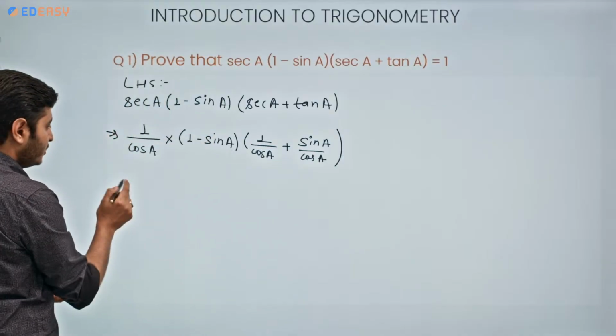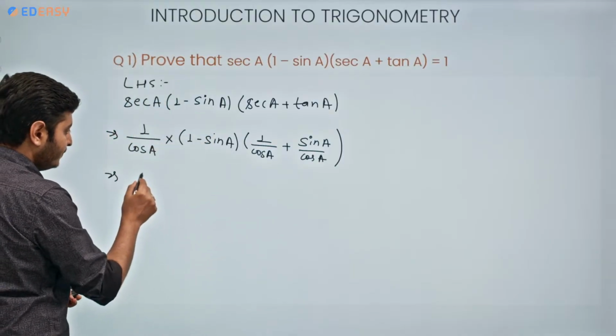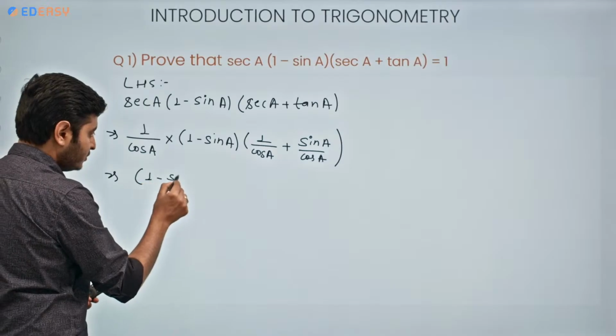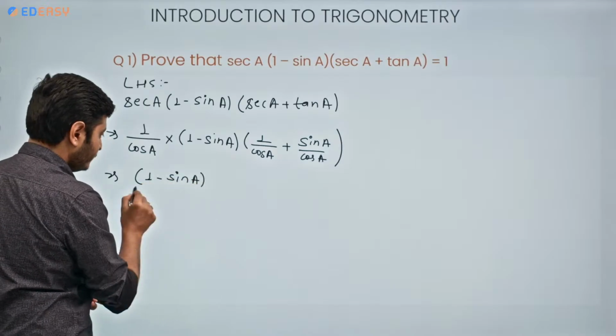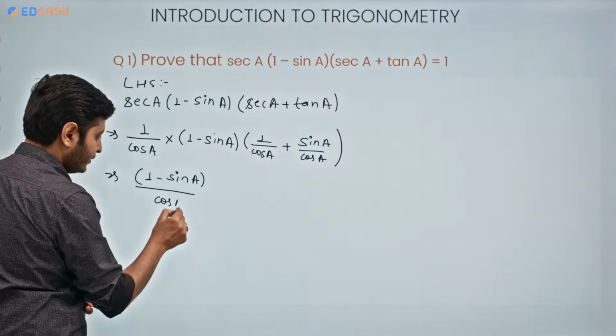And this we can club. So it will look like 1 minus sine A divided by cos A.